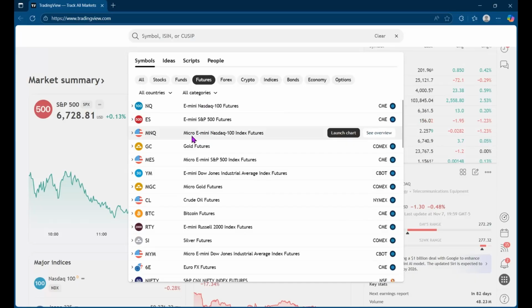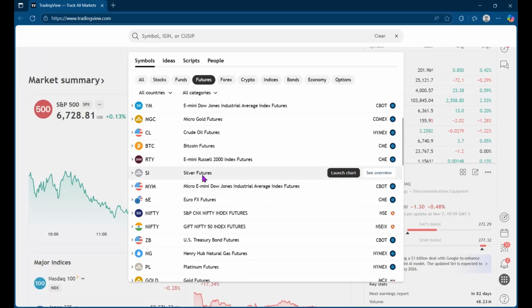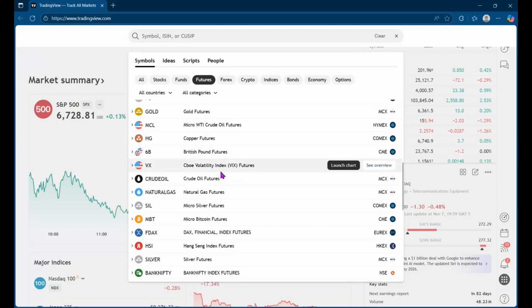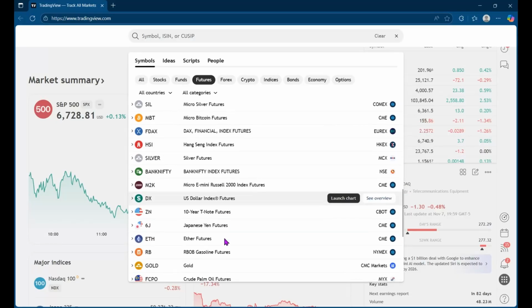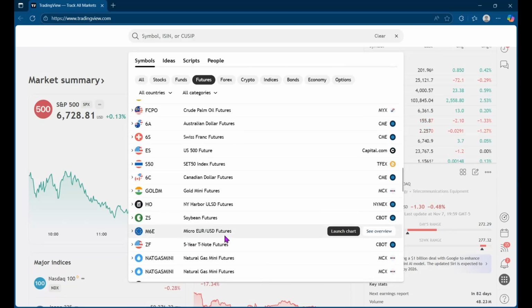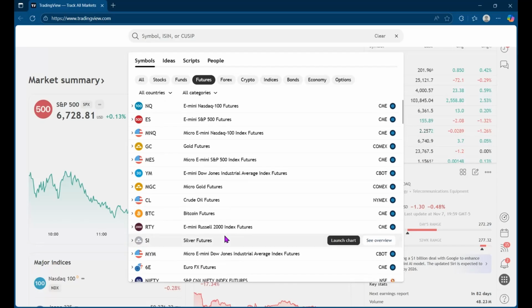Okay, so with futures trading, you're able to trade the NASDAQ, S&P 500, gold, crude oil, Bitcoin, silver. Okay, so these are all the things that you can trade when you're trading futures. You're trading on the futures chart with futures contracts, and this is exactly what it's going to look like when I launch my chart.